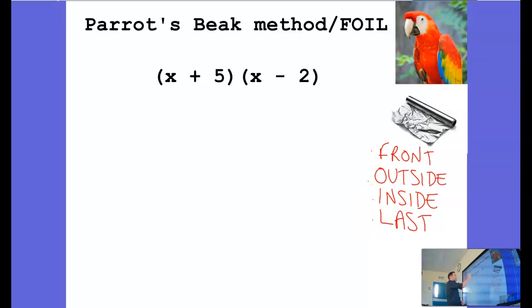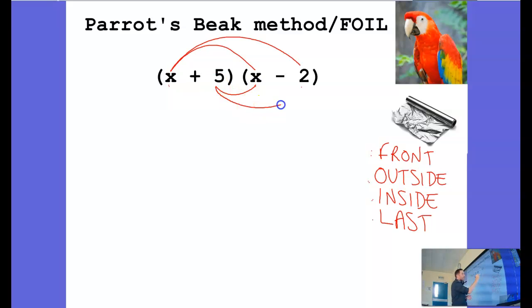We're going to take the first term, multiply it by the first term in the other bracket. So x times x. That's the front of this bracket, front of this bracket. Then I'm going to do the two outside numbers, the ones on the outside, x times minus 2. Then I'm going to do the inside, 5 times x, the two terms on the inside.